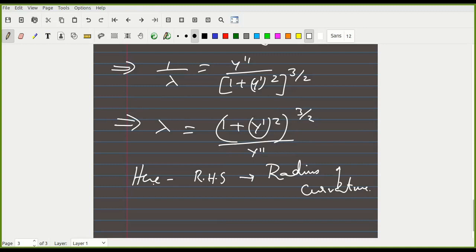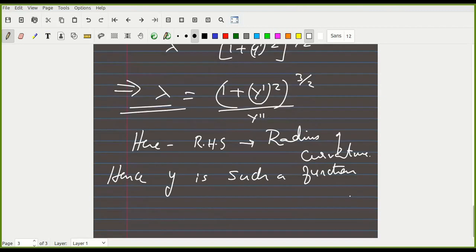So if y is such a function whose radius of curvature is absolutely lambda everywhere, what should that curve be? So hence y is such a function whose radius of curvature is constant.